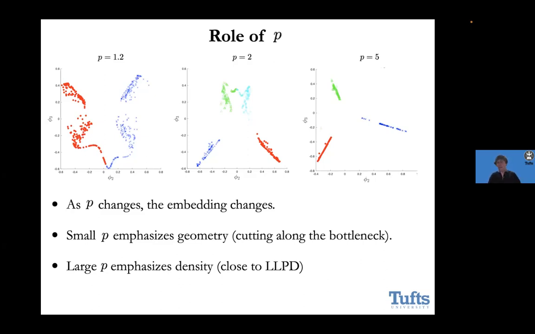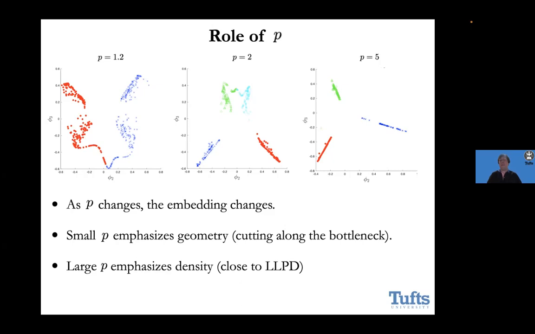Looking at P equals 1.2, if I were to threshold phi2, the classic spectral clustering approach, take phi2 and cut it off at 0, or maybe somewhere else if you're a little fancy, there's no way to cut along the phi2 axis so that I develop a partition which cares about density. The density is really orthogonal to phi2 here. I can cut along phi3 and somehow pick up density-separated regions, but when I pick P equals 1.2, the latent structure is really all about geometry.